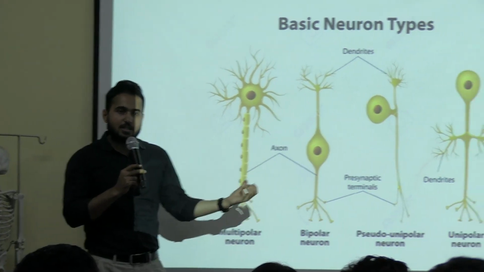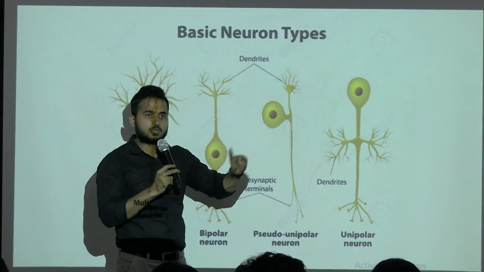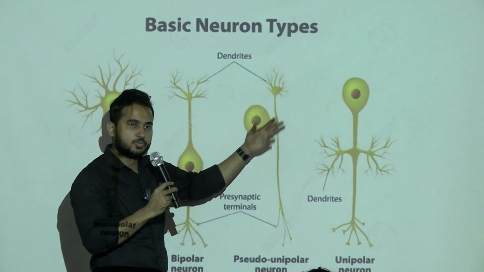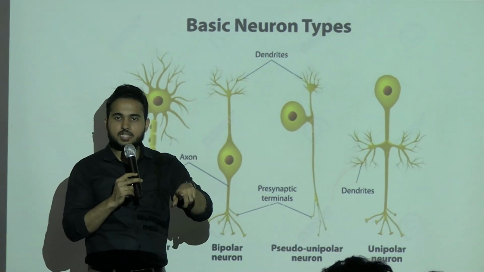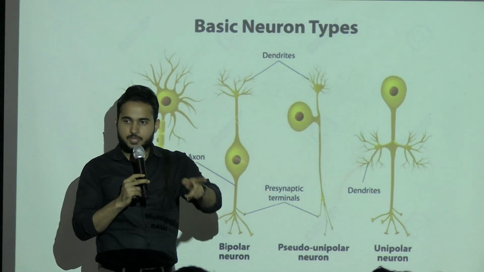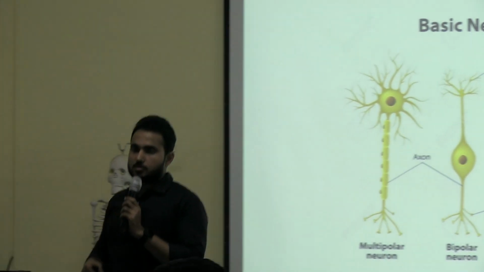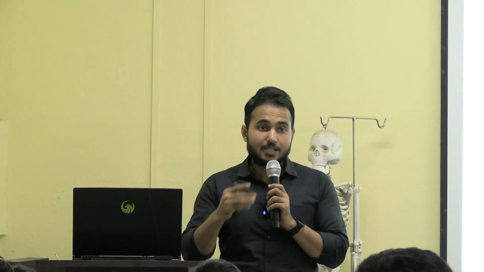You will notice two processes, but actually this is one process divided into two. That's why the appearance is bipolar, but actually it is unipolar. दोनों के बीच में है, that's why it is called pseudo-unipolar. It is not bipolar, but it appears as bipolar. ठीक है?